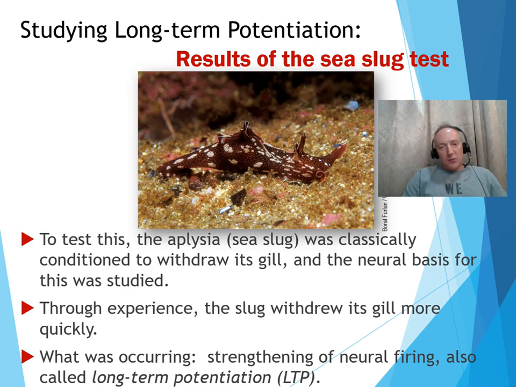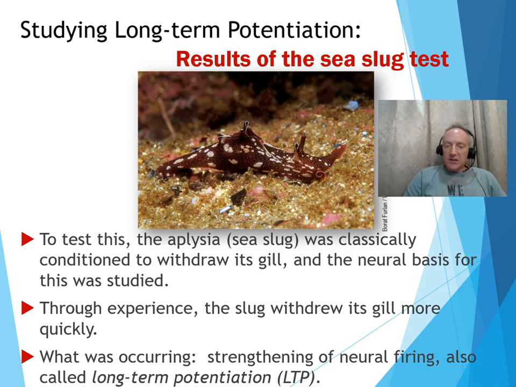So what they did was they taught the sea slug a simple task through classical conditioning. Passing a mild electric current through the water causes a reflex in the sea slug to withdraw its gills.